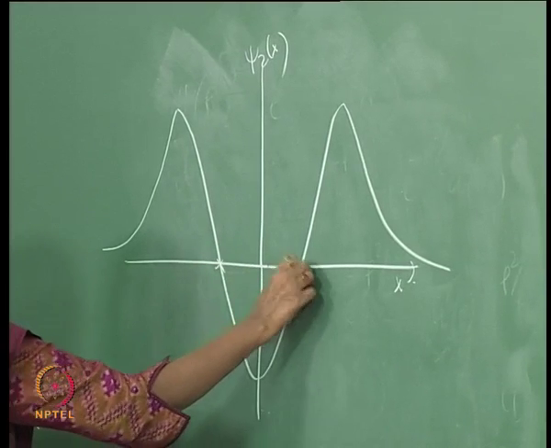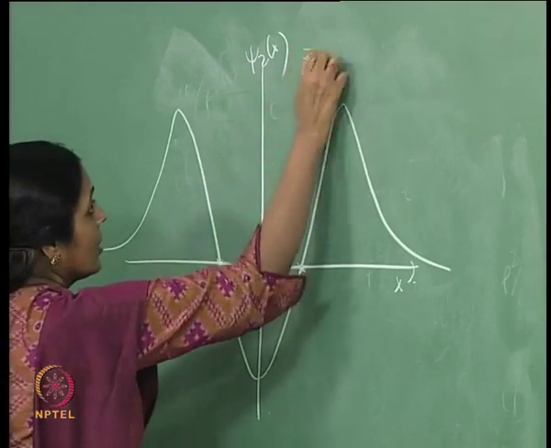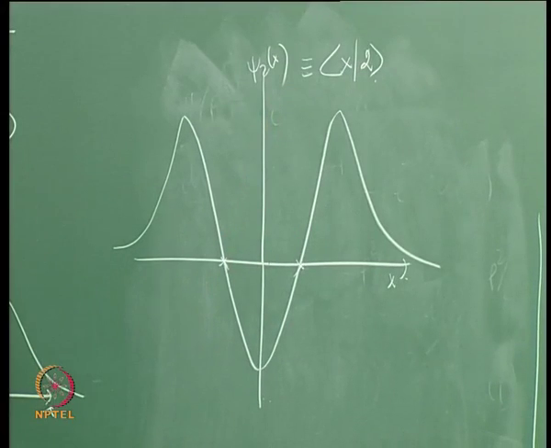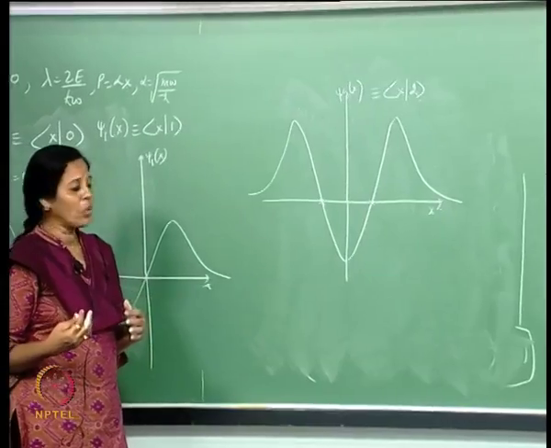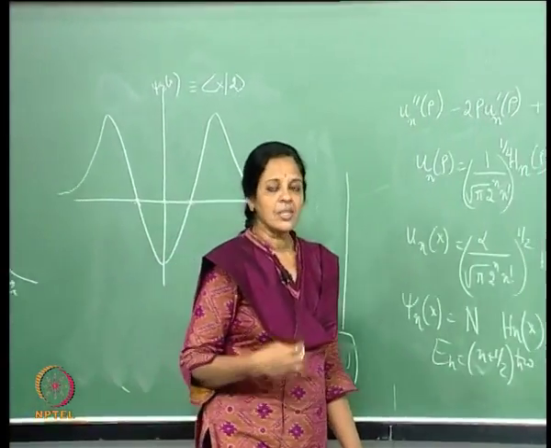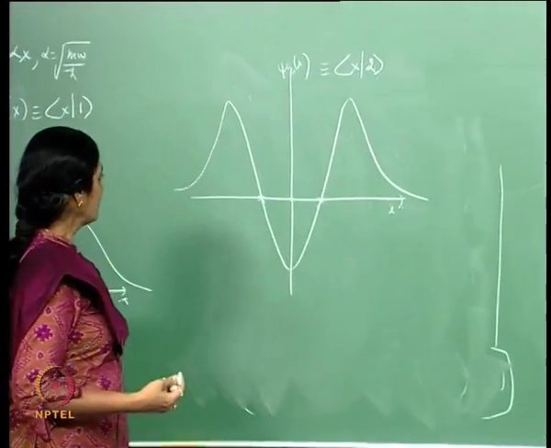These are the nodes. This in my notation is ket n equal to 2. In quantum optics, I would call it the 2 photon state. I have written the 2 photon state in the x representation, if I were talking in the language of quantum optics. In the case of the simple harmonic oscillator, I would simply say that it is the second excited state of the oscillator.